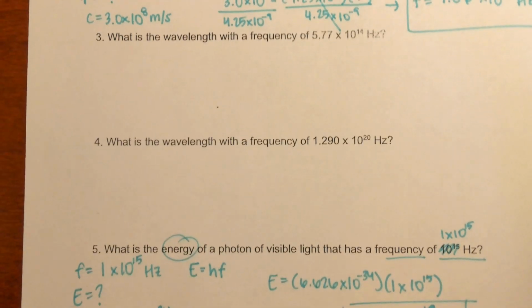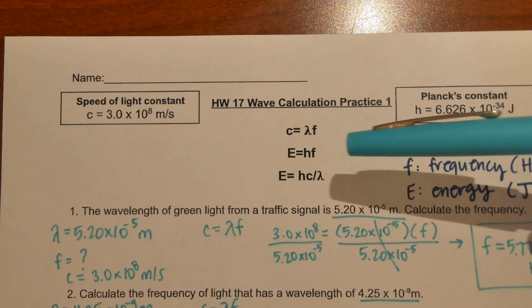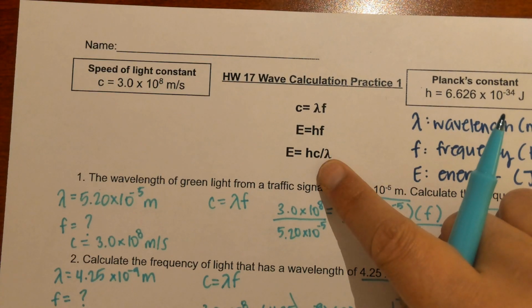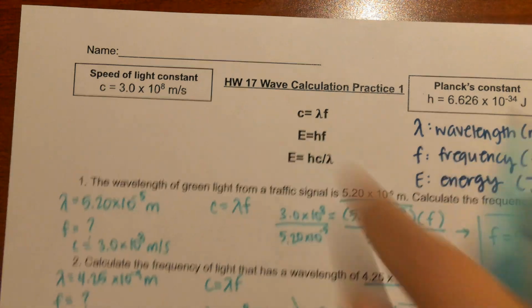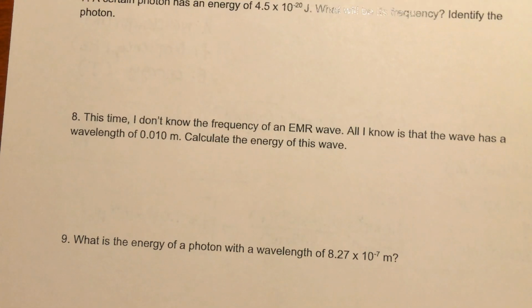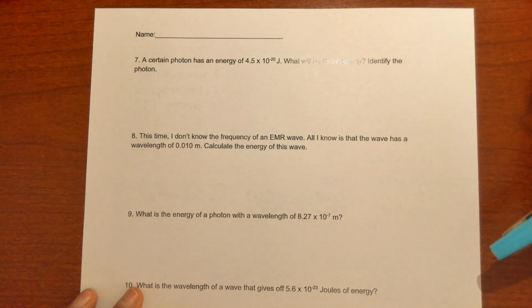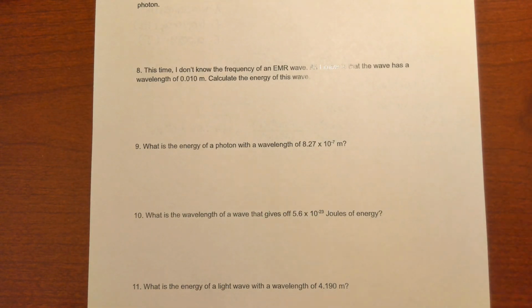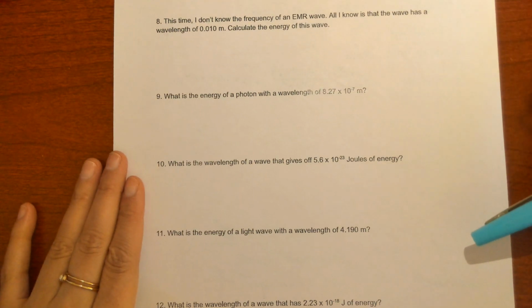Alright, so basically we did one of this, and I'm going to show you how to do a problem with energy and wavelength. So I think there's a problem in the back here that we can try. Let's do number 10. Now I'm reading the questions here.